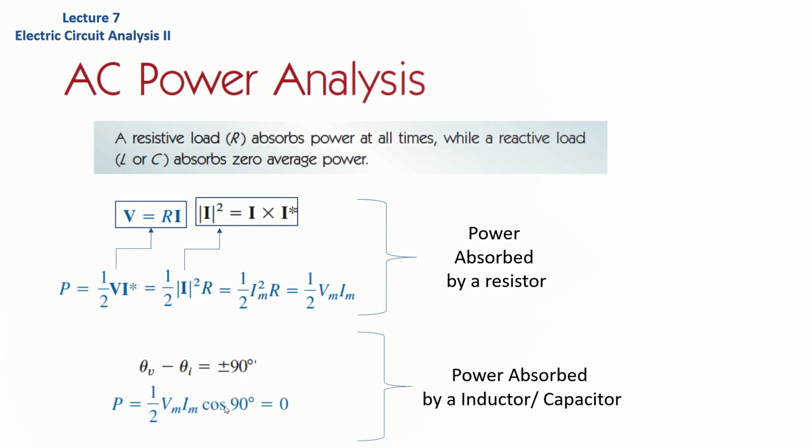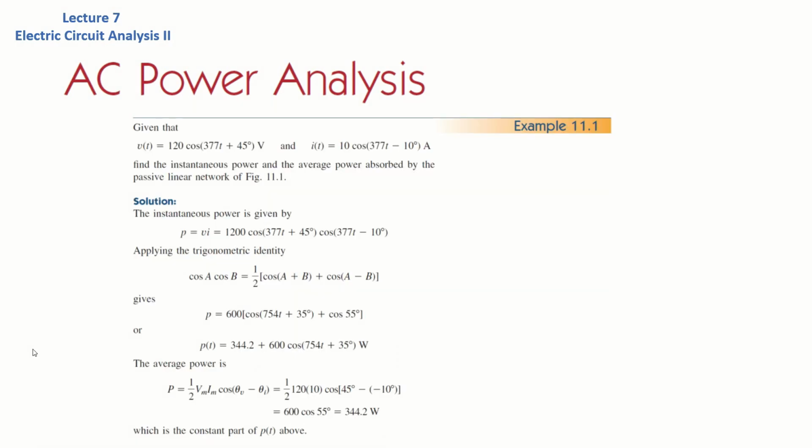When we put this positive or negative phase in this cos function, since cos is an even function, it converts the negative sign into positive, and it will always give you the answer 0, and therefore this whole part will become 0. So reactive loads will absorb 0 average power.